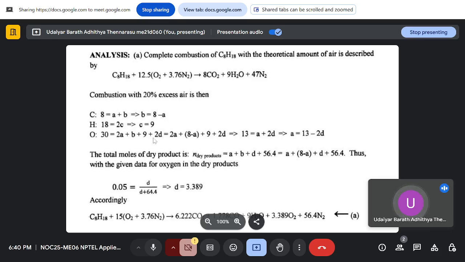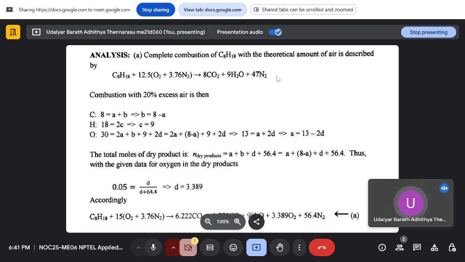So the total moles of dry product is A plus B plus D plus 56.4, which is the nitrogen that will be present, 12.5 times 1.2 times 3.76.